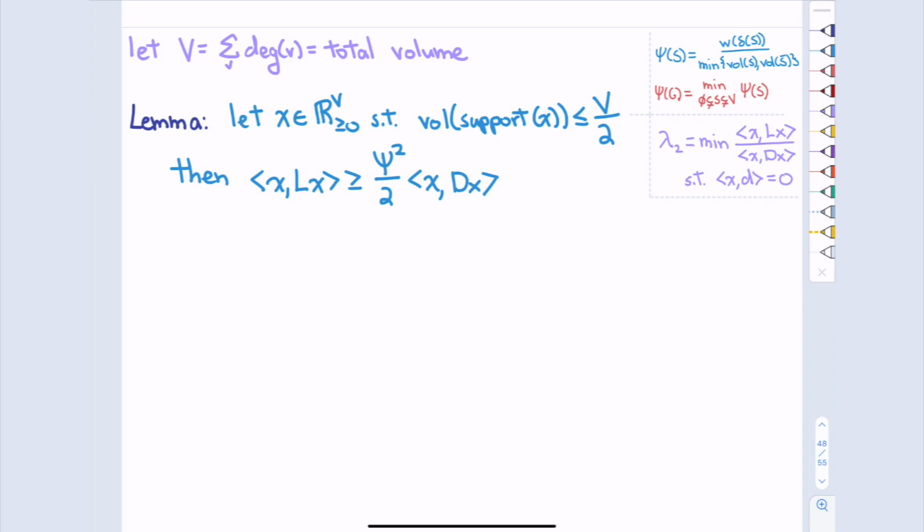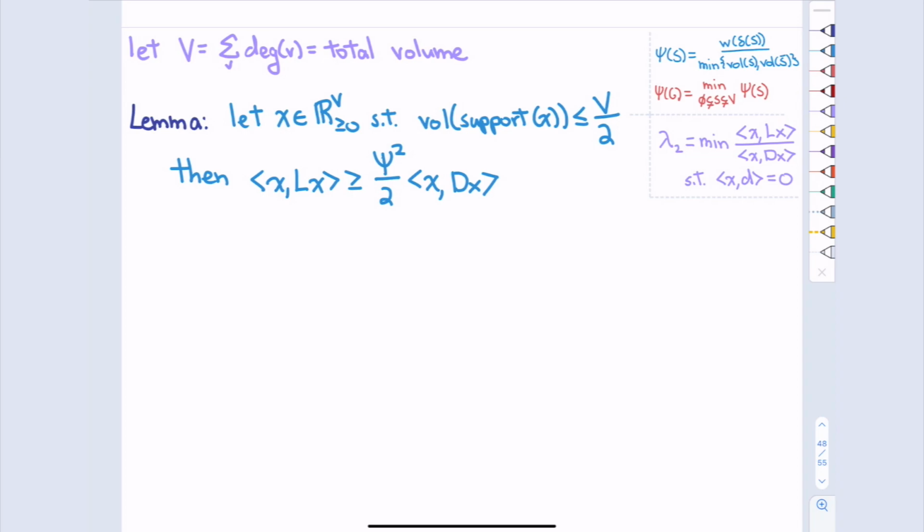Let x be a non-negative random variable so that if I look at the support of x, which is the coordinates that have a non-zero value, it represents less than half of the total volume of the graph. So x is really positive for a small, less than half of the graph by volume, and the rest is 0.